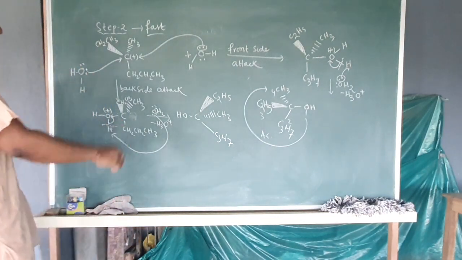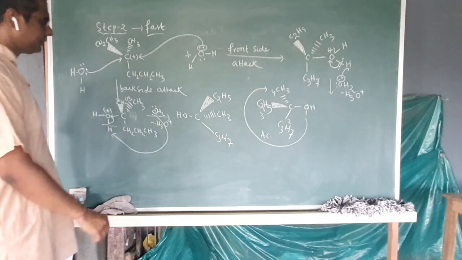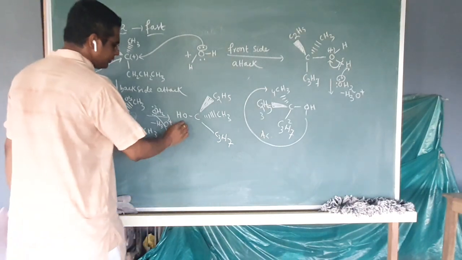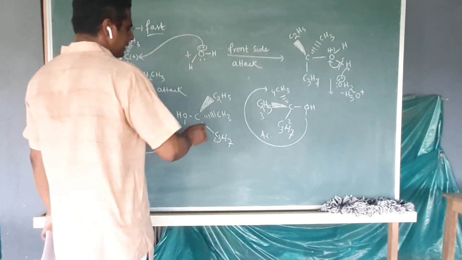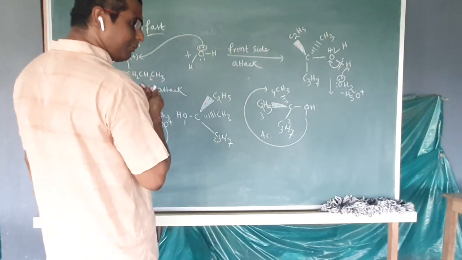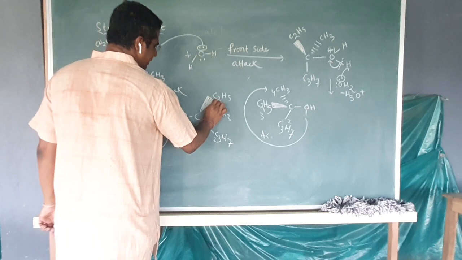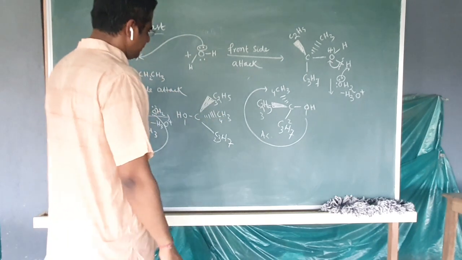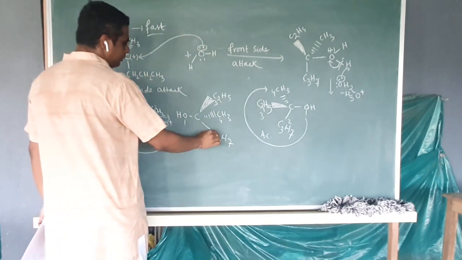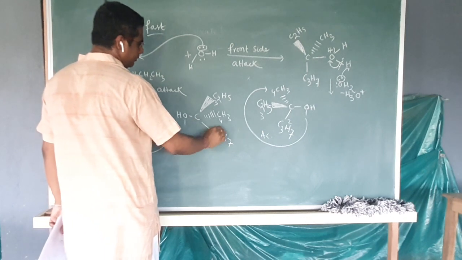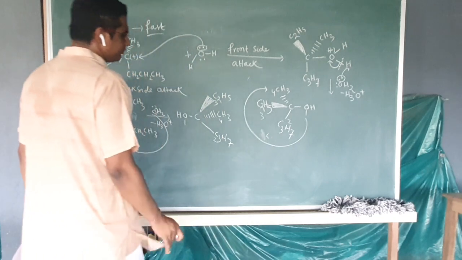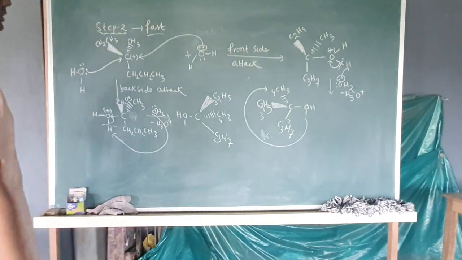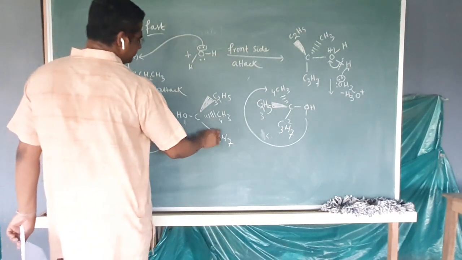So in this case again, if you start numbering, this will have 1, 2, and this one is above the plane of paper, so this will be 3, this will be 4. So 1, 2, this is clockwise, clockwise 1, 2, 3, 4.